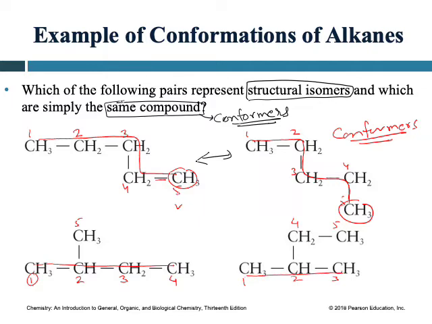If I go from 1 all the way to 3, but in this structure we cannot touch 4th because we don't have a bond. That means this bond has to be broken and put somewhere else, right? So in this case, a bond is being broken. Even though you have the same number of carbons, the structure is different because the bond is broken and the connectivity is now different. It's not continuous like the previous one. So they are structural isomers.